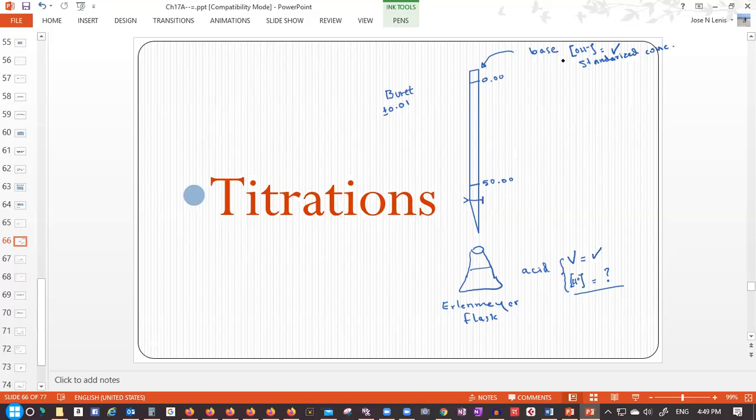Again, most of the time, the base is going to be here and the acid is going to be here. It's not mandatory to do it in that order. In some other cases, you can put the base here and the acid here, but what we want to make sure is that whatever you put in the burette, you know exactly the concentration.